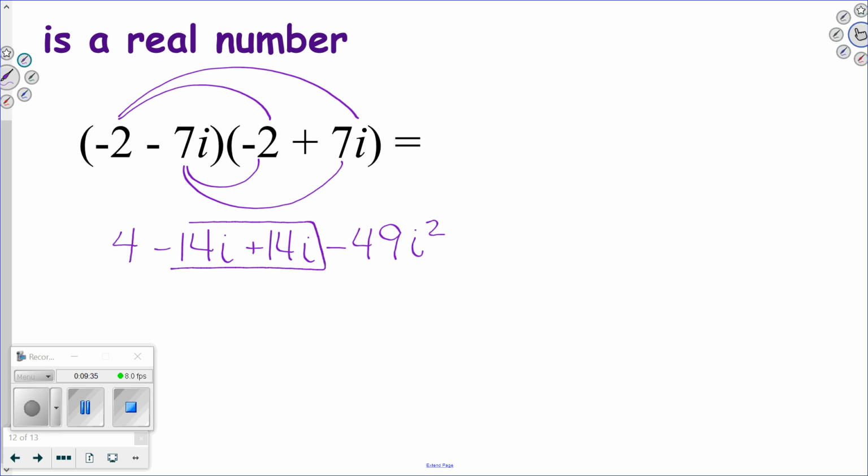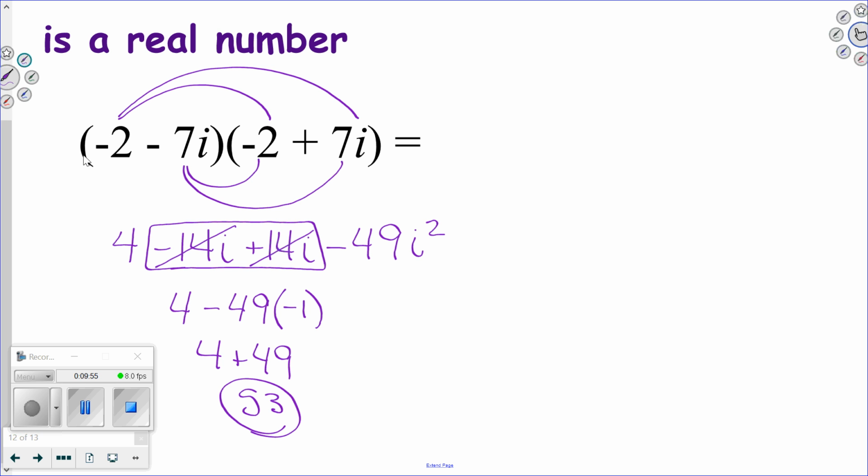Because what happens when you have opposites is those middle terms, those like terms right there, are going to be opposites of each other and cancel out. So we have 4 minus 49 times negative 1, which makes that 4 plus 49, which is 53. Okay, so anytime you have those conjugates, those opposites, when you get all the way down to the bottom, there should be no i left over. Okay, it should cancel out.